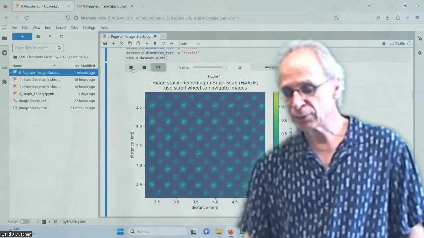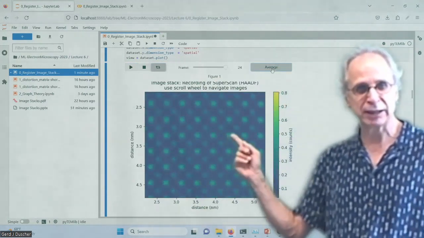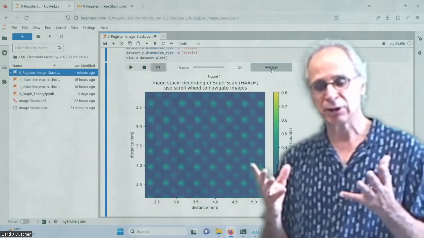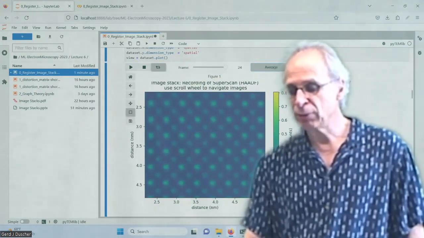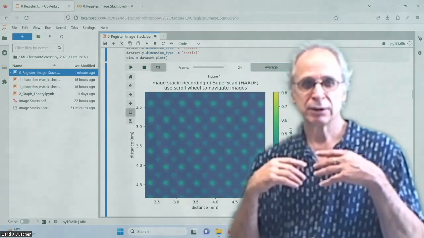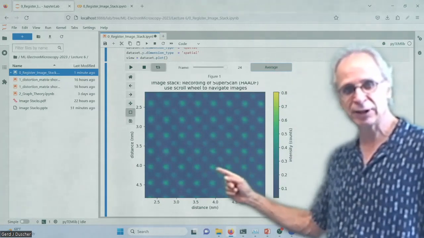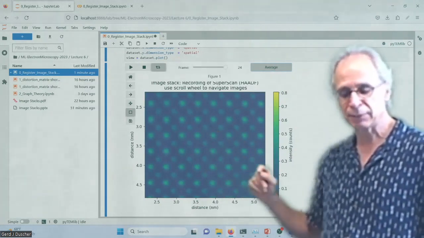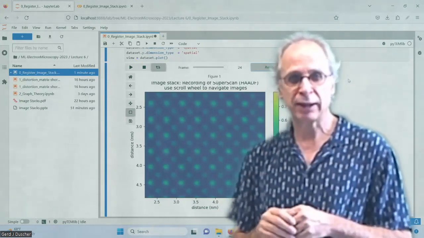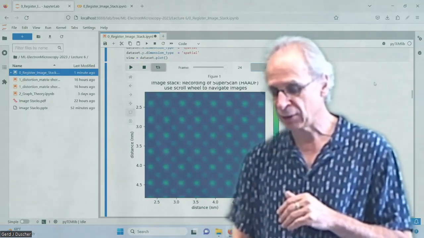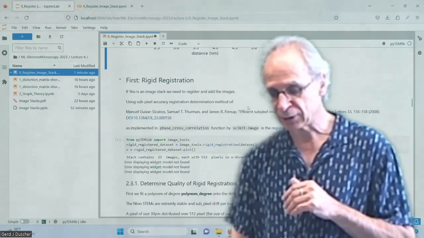Under normal circumstances, people would probably just average that and say, okay, it's good enough. The problem is you will have slightly elongated atoms. And the key thing is, if you align a microscope, you want to have round ones.